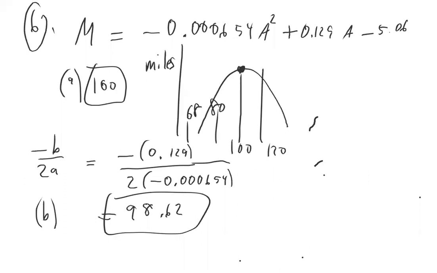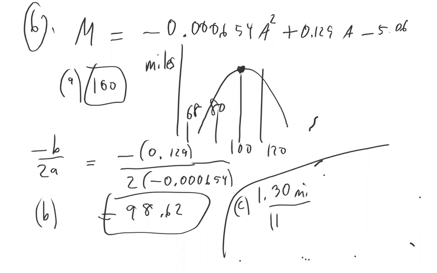So basically, we know that this plane gets, so this is part C, it gets 1.30 miles per pound of fuel, right? So in 1 pound of fuel, you get 1.30 miles. And then the fuel weighs 6.17 pounds per gallon, right?